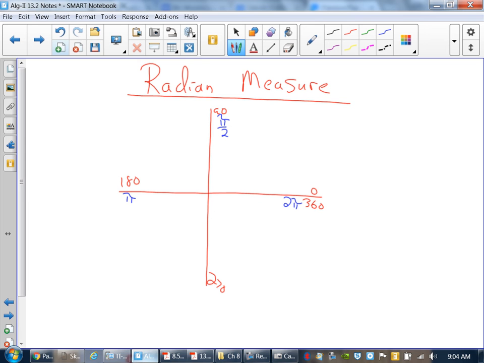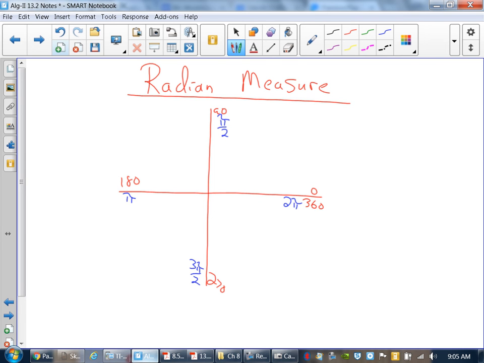You're counting by halves. 0, 1 half, 2 halves, 3 halves, 4 halves. As you're going around, you're just using fractions with common denominator. So you get 3 pi over 2. Okay? Now there's a conversion for this, but I'd rather not show you that right away, because it's more fun this way.